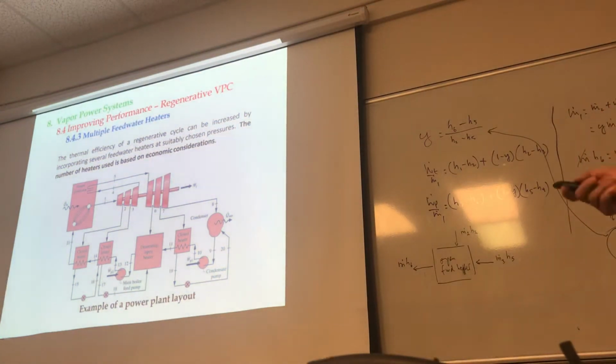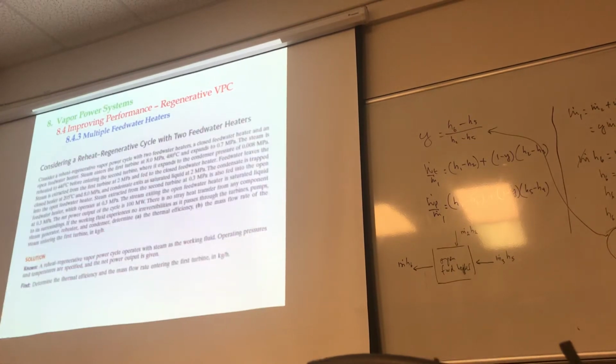And the only reason in here, because some people go, if you can increase it with 1, can you increase it with more? Yeah, of course you can, but now you have got to weigh the economics of the whole situation, right? You can't go crazy. It says the thermal efficiency of a regenerative cycle can be increased by incorporating several feed water heaters at suitably chosen pressures. The number of heaters used is based on economic consideration, because at some point you say it's not worth it.